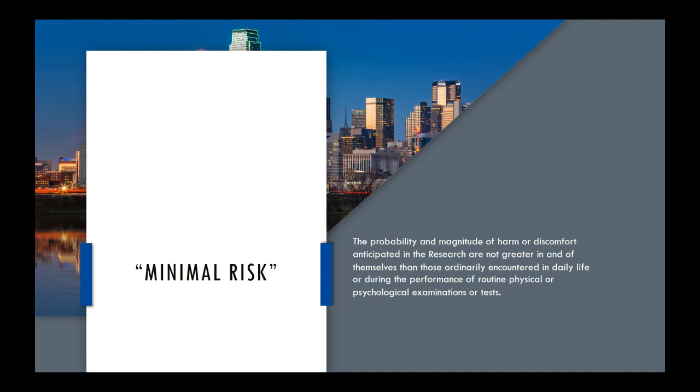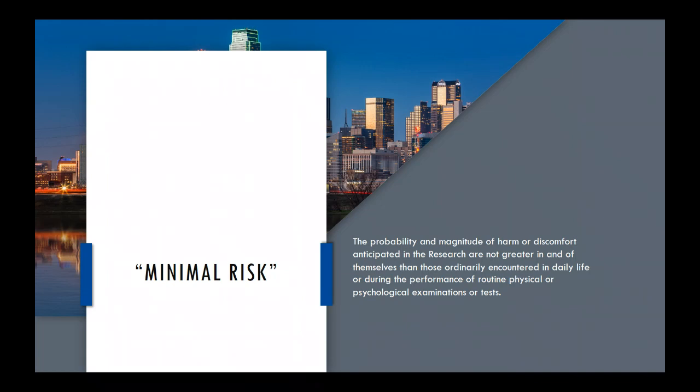So minimal risk is defined as the probability and magnitude of harm or discomfort anticipated in the research are not greater in and of themselves than those ordinarily encountered in daily life or during the performance of routine physical or psychological examinations or tests. This is a really fancy way to say, are subjects going to be exposed to something that is more dangerous than their everyday life? That can change from subject to subject and study to study, but this is our starting point for all research.